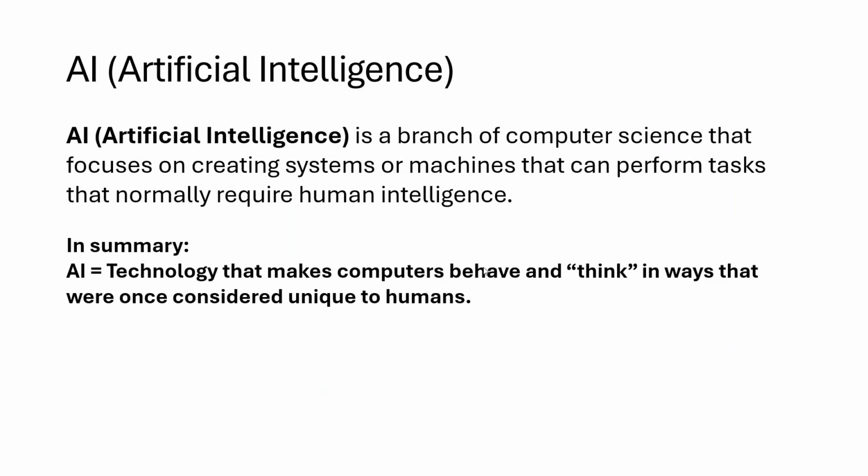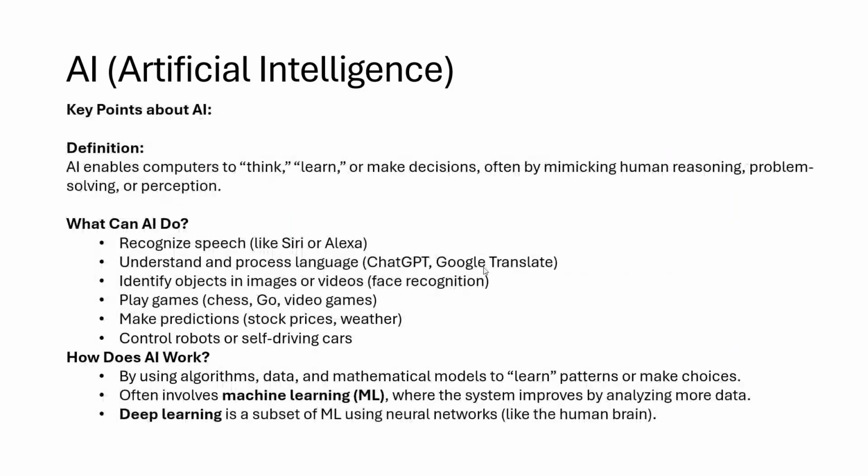Whatever we do should now be done by machines, and that process is called AI. Definition: AI enables computers to think, learn, and make decisions, often by mimicking human reasoning, problem solving, and perception.